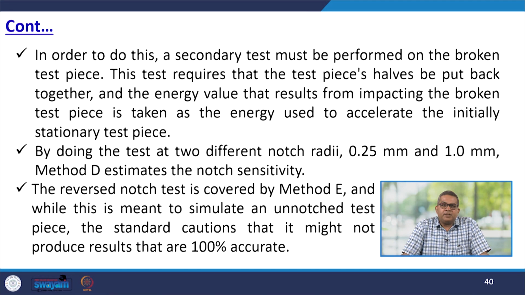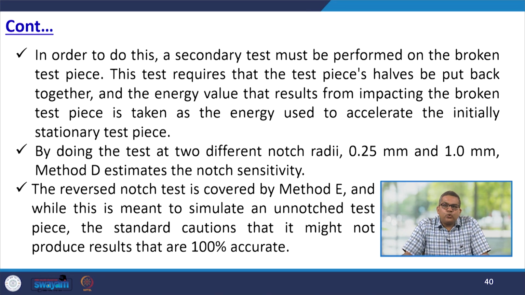And method C is used to calculate lower numbers in an effort to adjust for the energy needed to toss the test piece. In order to do this, a secondary test must be performed on the broken test piece, and this test requires that the test piece halves be put back together, and the energy value that results from impacting the broken test piece is taken as the energy used to accelerate the initially stationary test piece.